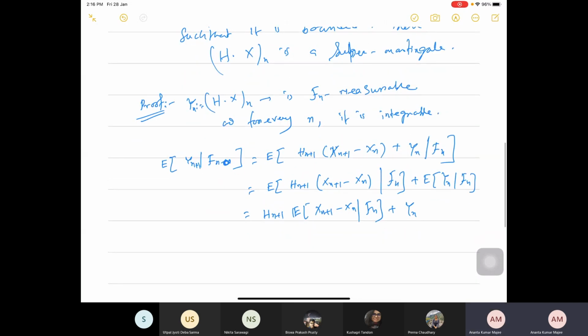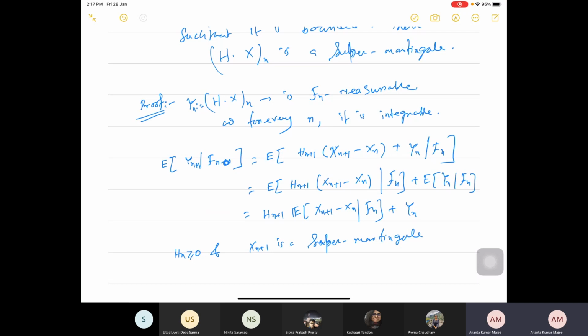Is it not? So now what are these things? hn is positive, it is given to you, and x of n plus 1 is a supermartingale. That means x of n plus 1 given F of n is less than or equal to x of n.